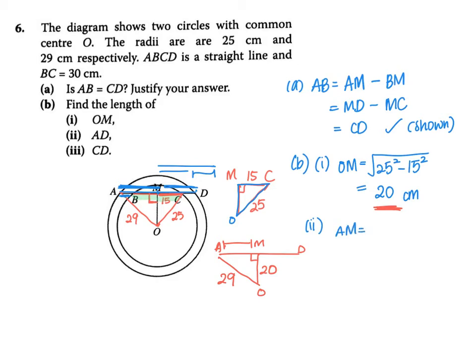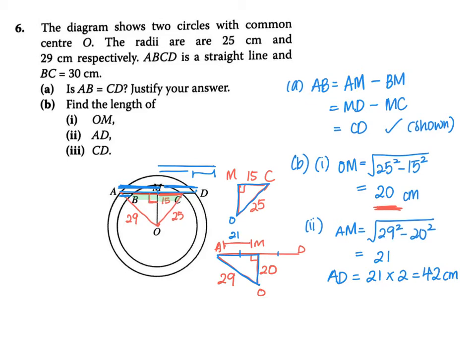I can use a right angle triangle, the Pythagoras Theorem. 29 squared minus 20 squared. I get the length of 21 cm. To get AD, as it cuts them into two equal parts, AD will be 21 times 2, that gives me 42 cm.